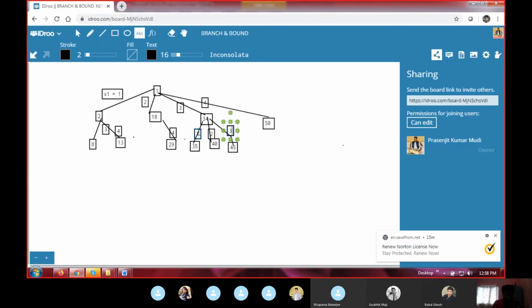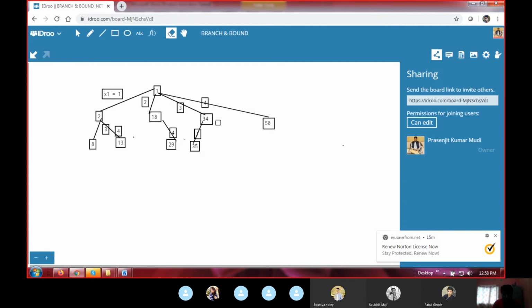This is the x2 equal to 1, right? So only this is possible. Other nodes are not possible to be further expanded, right? That's why we want to delete this node, right? So this is the tree construction so far.